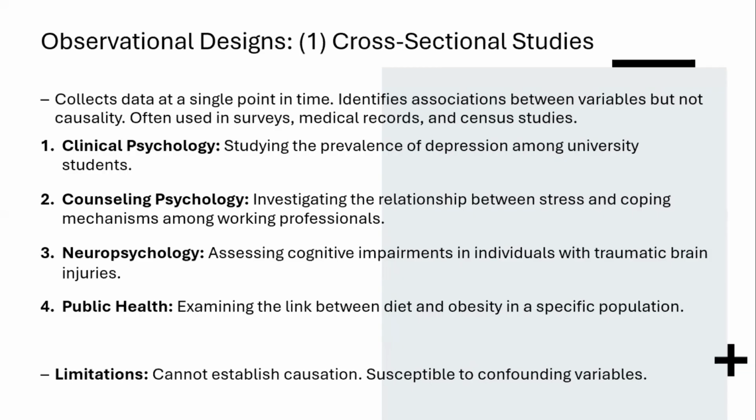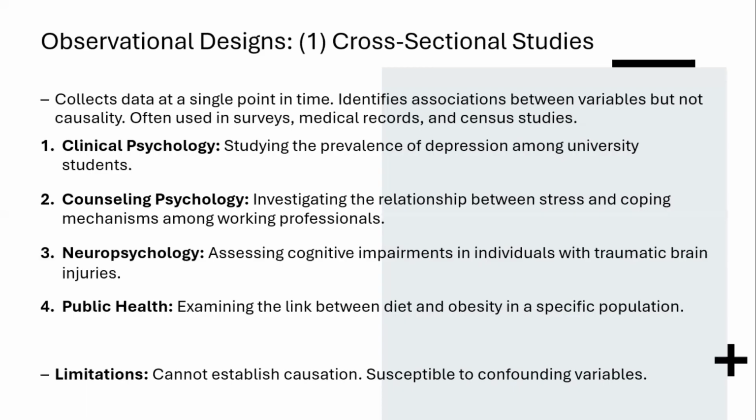So the kind of research people do when they are doing their first degree, they go to the field and they collect data once to assess depression. You go and collect data once. We call it cross-sectional. Or maybe you go to some hospital to pick up their hospital records and you analyze that data.